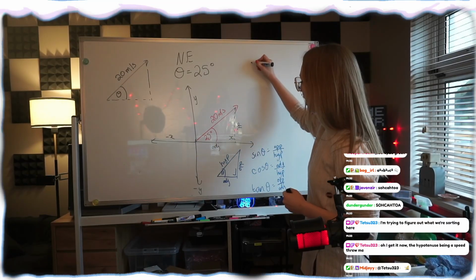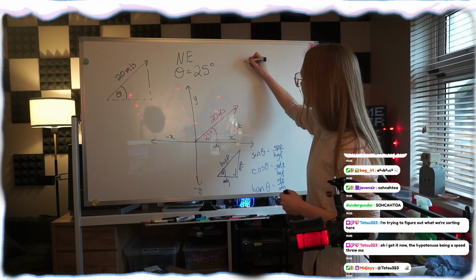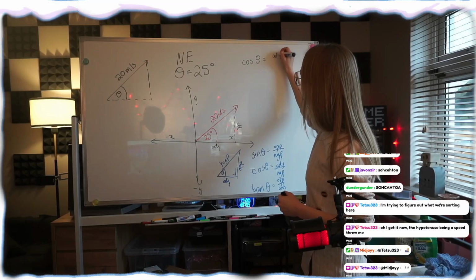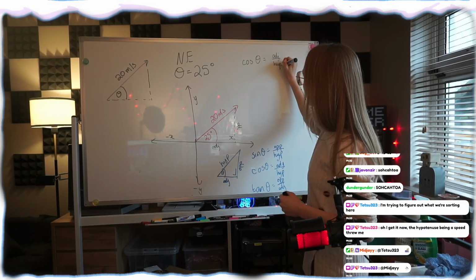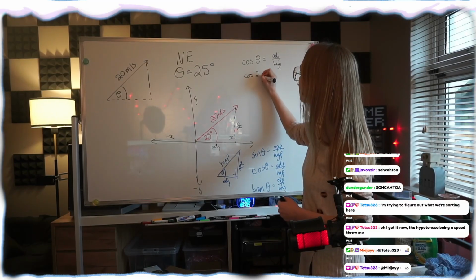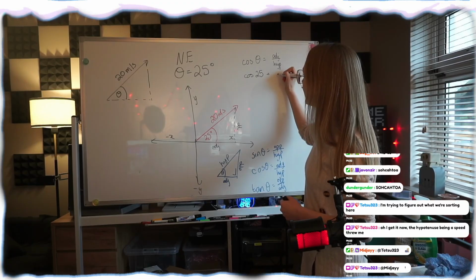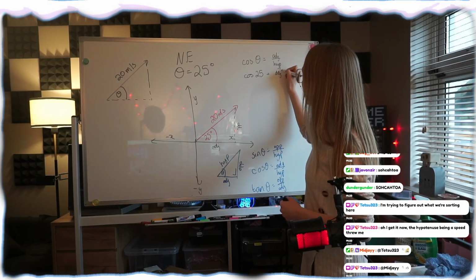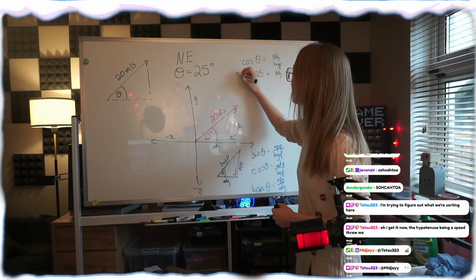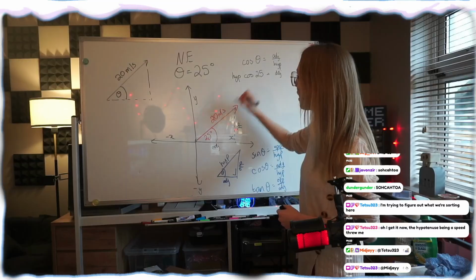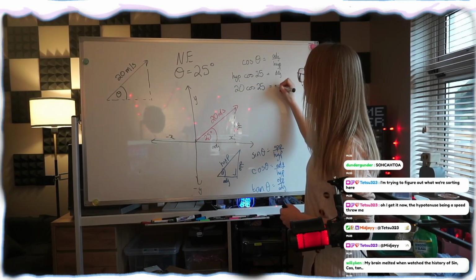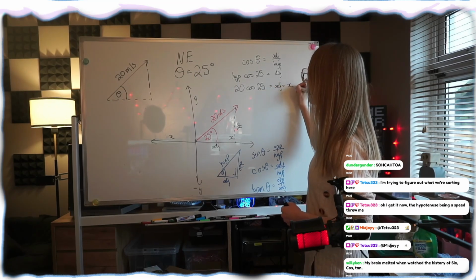So cos of theta is equal to adjacent over hypotenuse, cos of 25 is equal to adjacent over hypotenuse. If the hypotenuse is being divided over here, we bring it across, we must multiply it. So the hypotenuse is 20 meters per second times cos of 25, and that is our x direction.